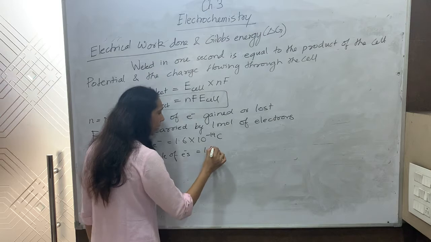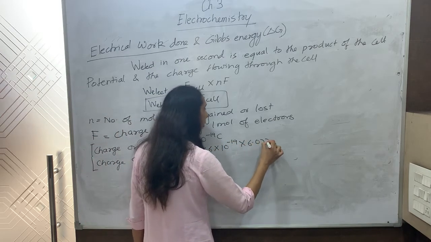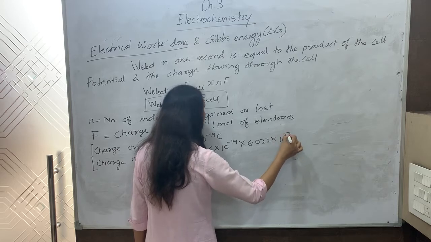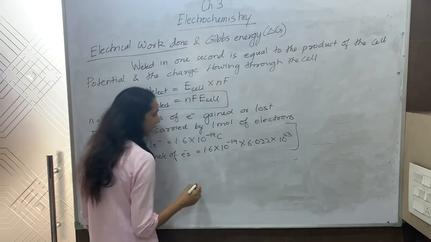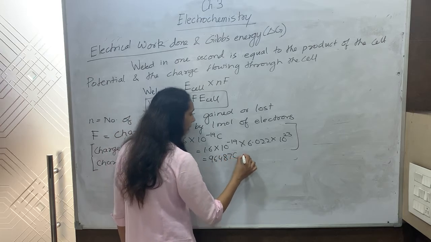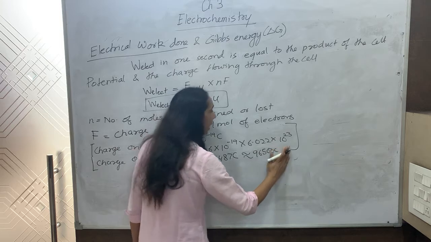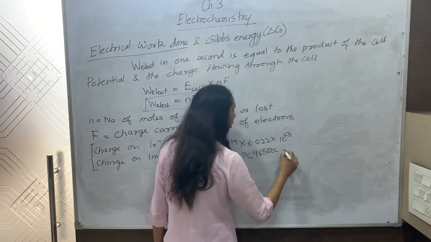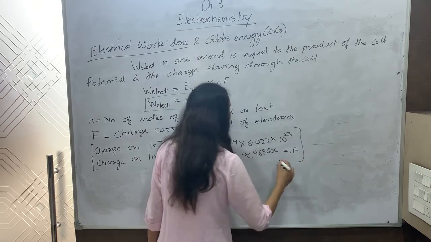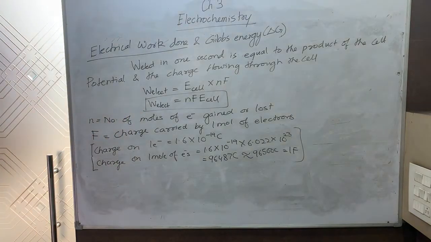It will be 1.6 into 10 to the power minus 19 multiplied by 6.022 into 10 to the power 23. And I get the answer as 96487 coulombs, nearly equal to 96500 coulombs, and that is equal to 1 Faraday. So Faraday is the charge carried by 1 mole of electrons.